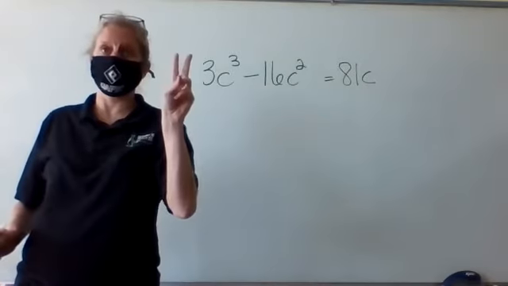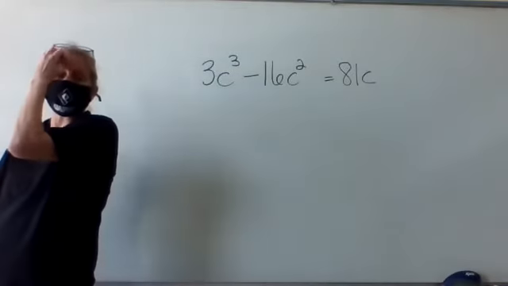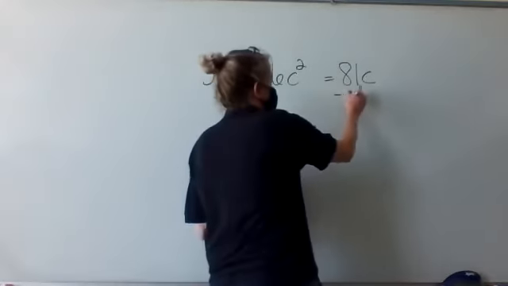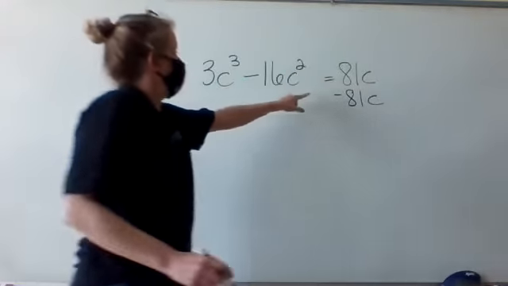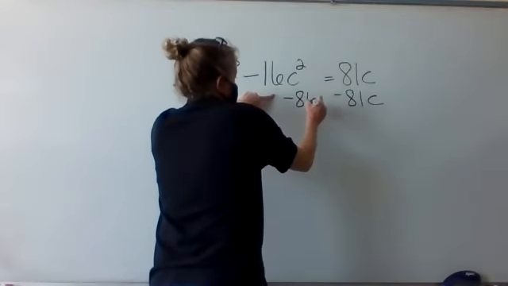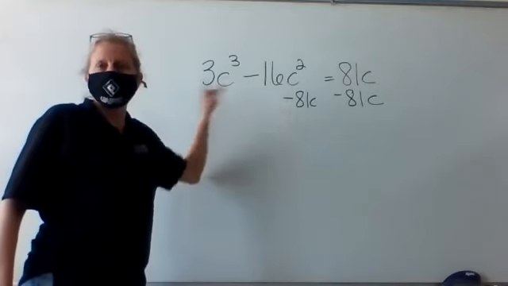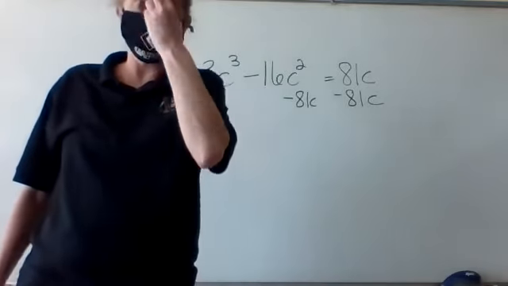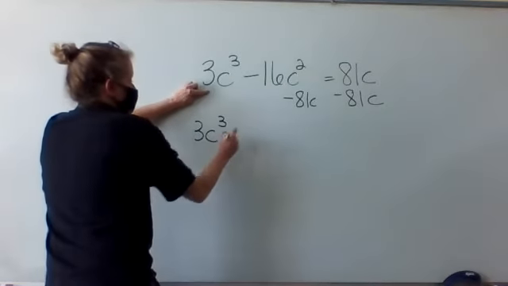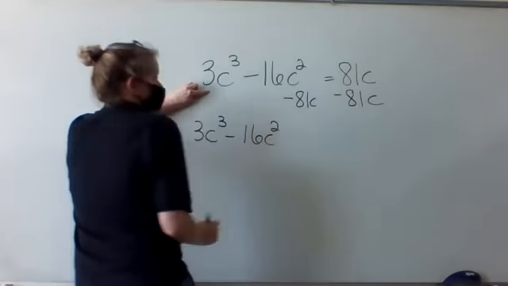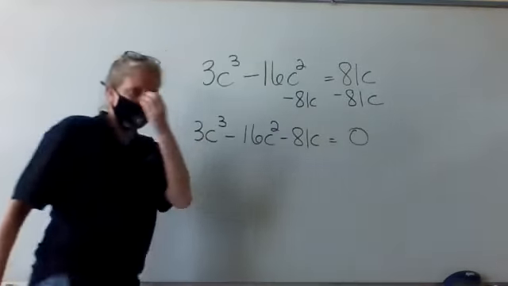Quad means your highest exponent is a 2. But I still want to get all the terms together on one side and set it equal to 0. So I'm going to subtract the 81c from both sides. I'm just going to put it back here at the end of my other side because it's not a like term with any of those. So now I've got 3c to the 3rd minus 16c squared minus 81c equals 0.